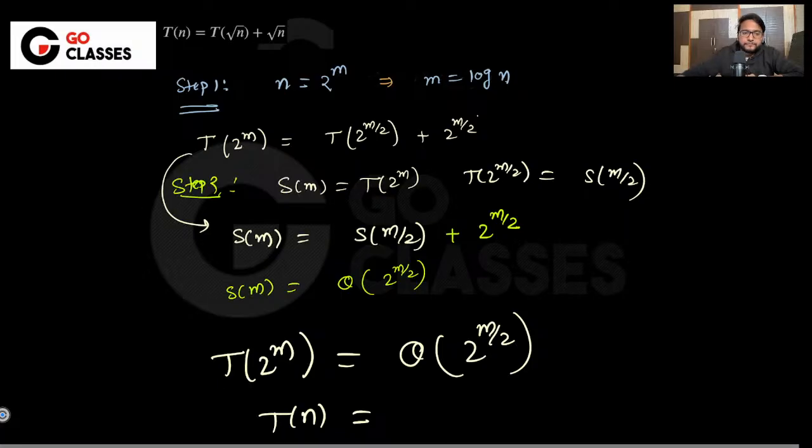If n equal to 2 power m, then 2 power m by 2 is nothing but 2 power log base 2 n by 2. Is this okay to everyone? Let me know.